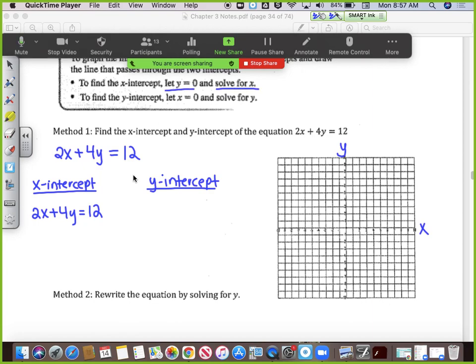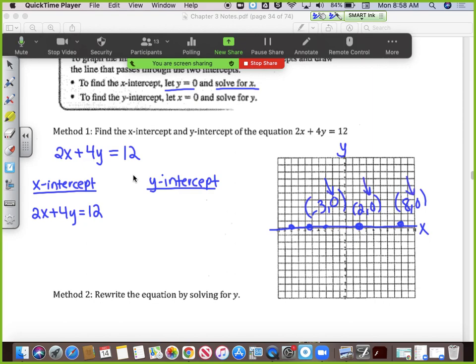That's because when you are on the x-axis, all of these points, whether you are here, this point is at 2, 0, or you don't have to write this on your paper, I'm just showing you, or it's here, this is 8, 0, or here, negative 3, 0. Every single time you lie on the x-axis, the ordered pair has a 0 for y.